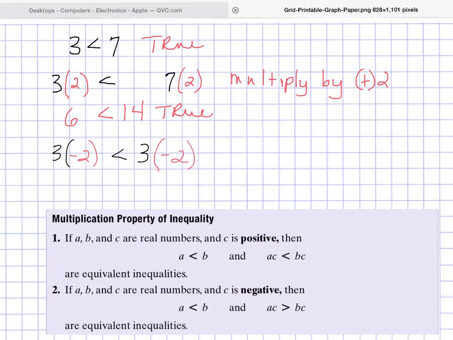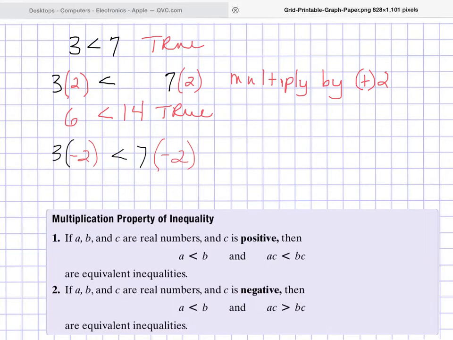No, I don't want 3 there. I want 7 here. If I multiply 3 times a -2 and a 7 times a -2, is that still a true statement?